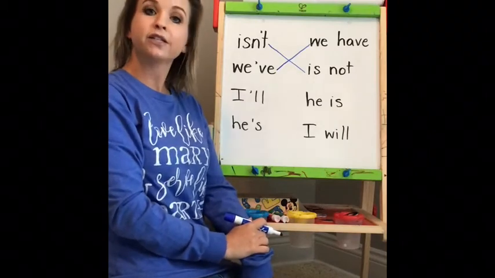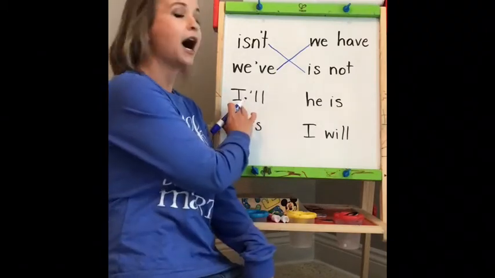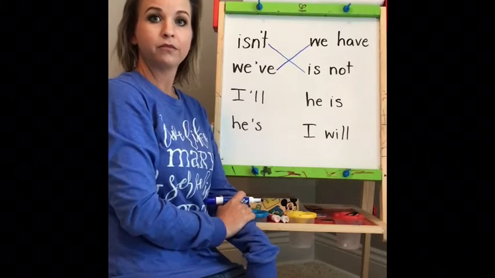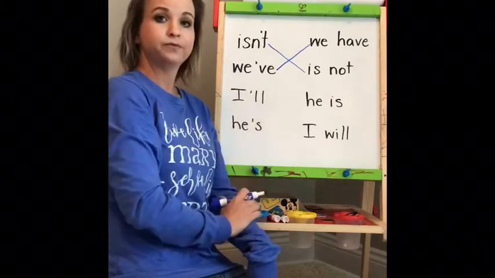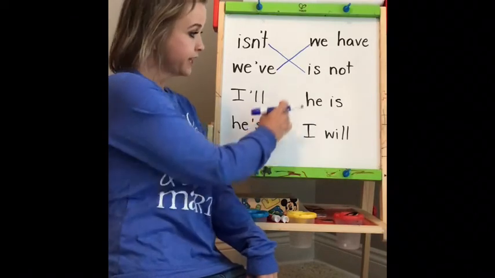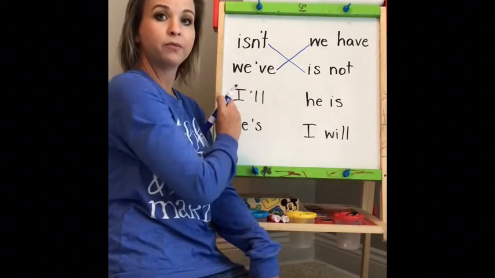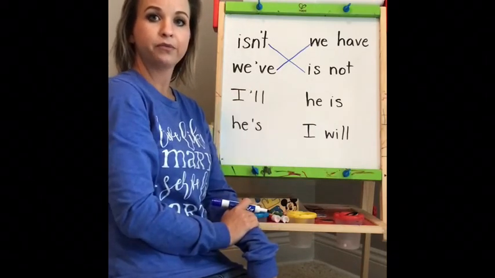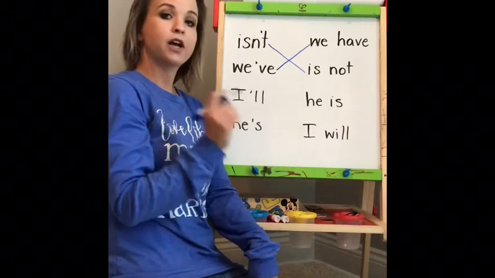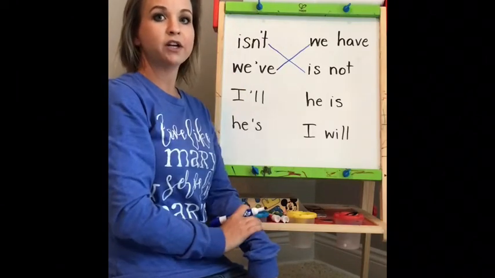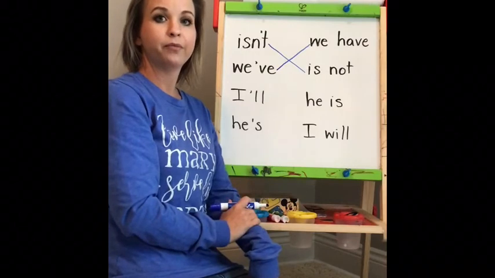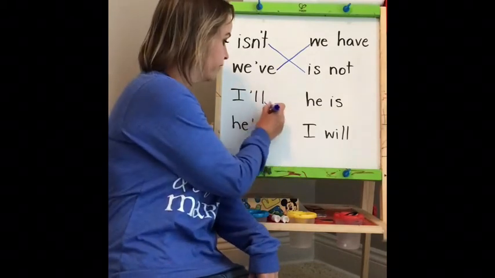Okay, so your next contraction will be I'll. I'll. Pause the video, select the words that you think make up the contraction I'll, and come back to check your work. So, what did you get? What two words make up the contraction I'll? I will. Very good.